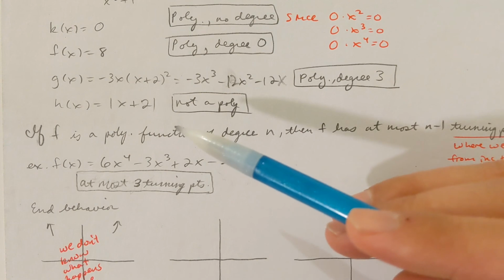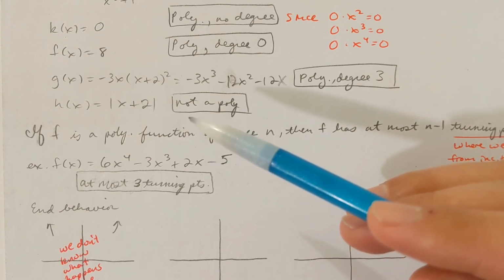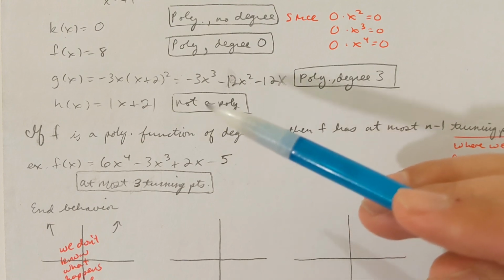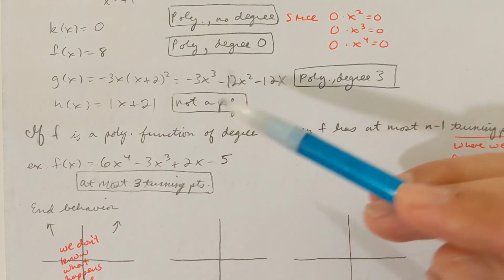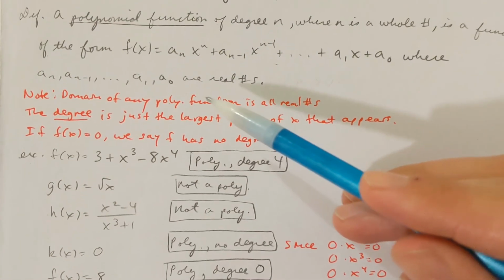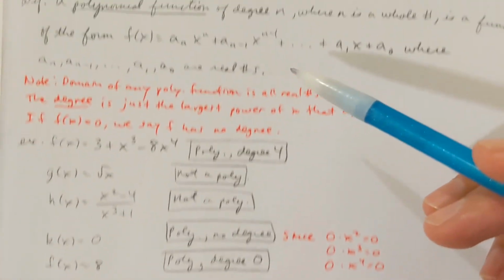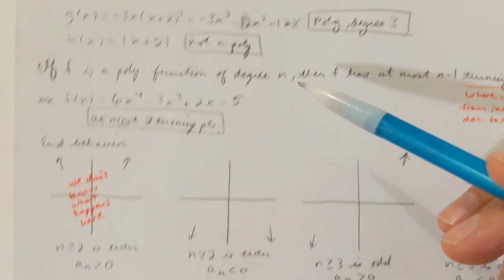Okay, so that's one way to see why we have the absolute value bars. Not a polynomial. A polynomial doesn't have anything involving absolute value at all. So anything involving absolute value is not a polynomial.